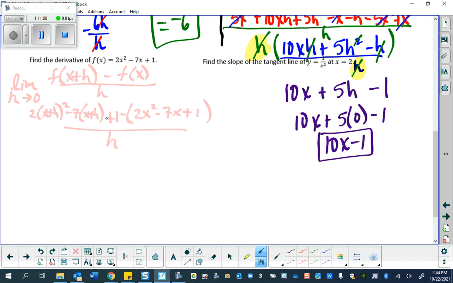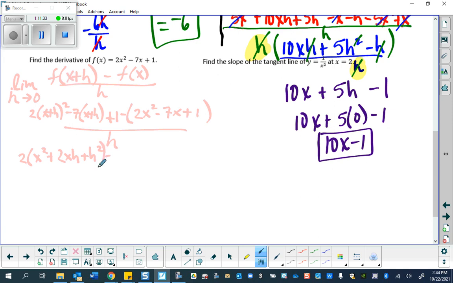You run out of room sometimes. Now, lucky for you, this is still here. Something tells me you're going to get a lot of practice with this one. 2 times x squared plus 2xh plus h squared minus, oh wait, I got to put a parenthesis.